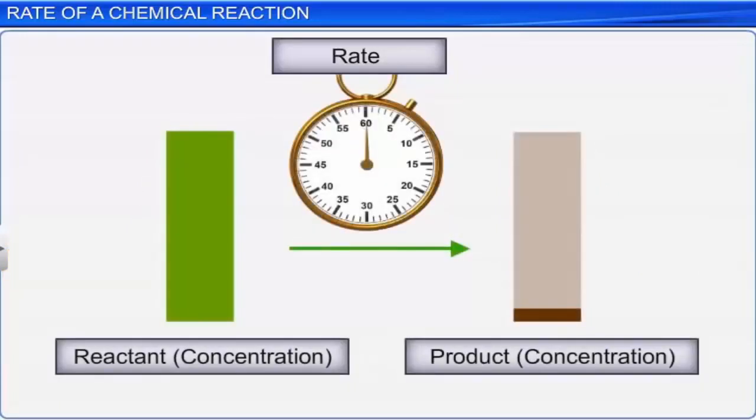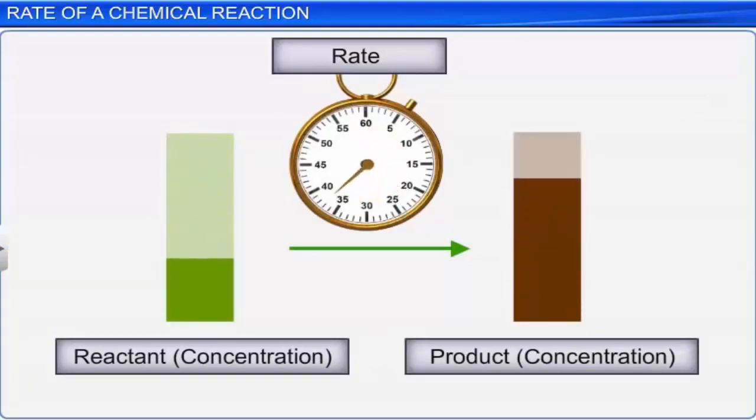Thus, the change in the concentration of the reactants or products with respect to time is called the rate of a reaction. In other words, the reaction rate or the rate of reaction specifies how fast a reaction takes place.